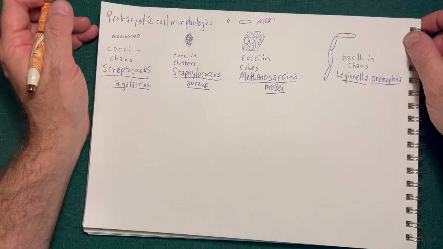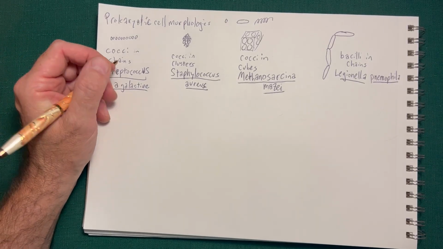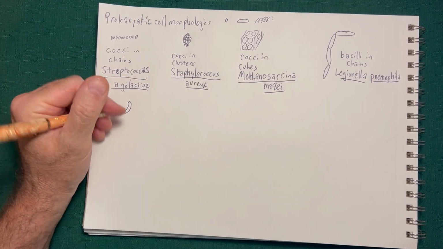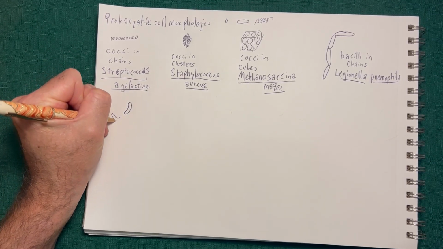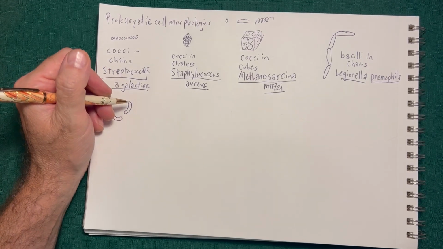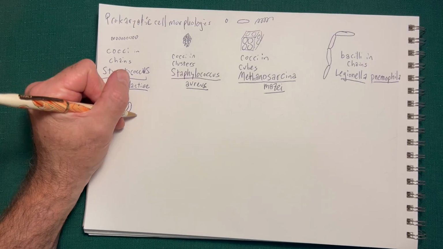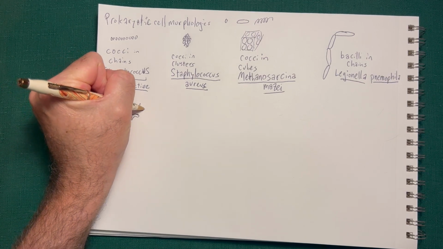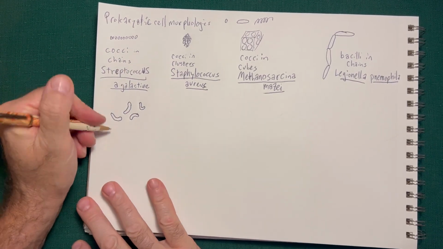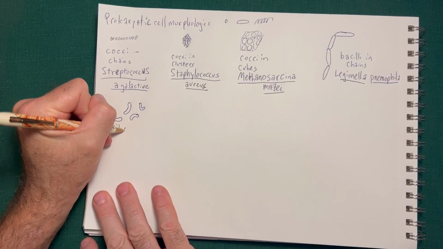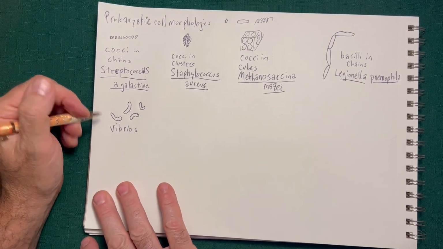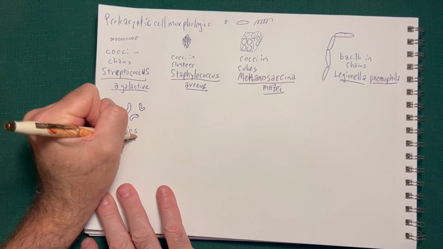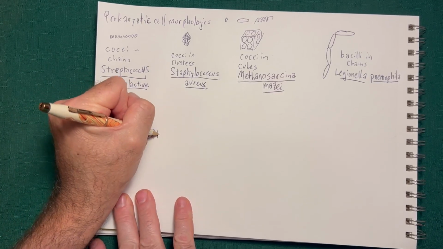And there's a variation on the theme of bacilli, which is that sometimes they can be kind of more like really exaggerated hot dog shapes, or what are called comma shapes. And these are vibrios, which are comma-shaped bacilli.